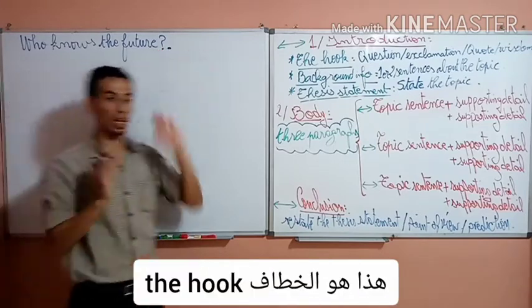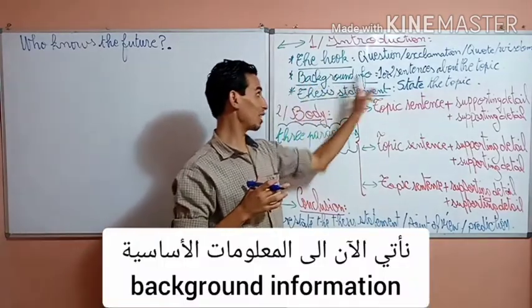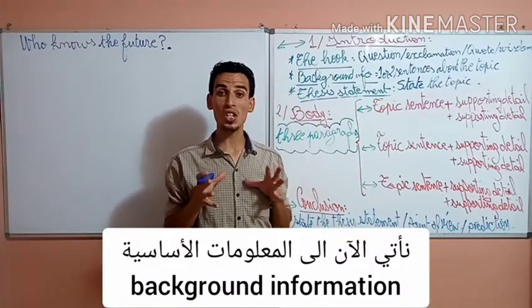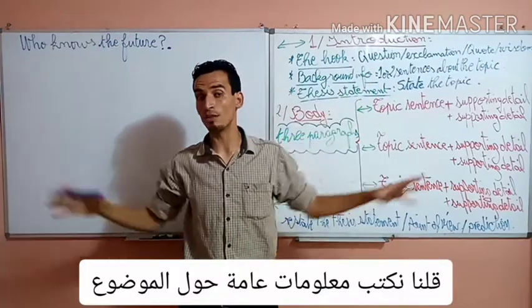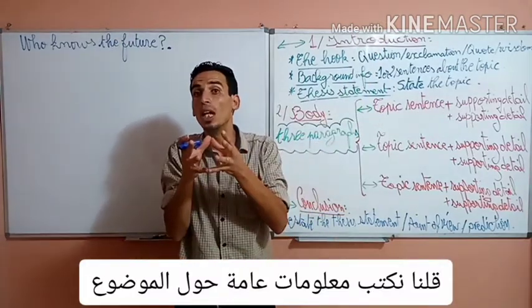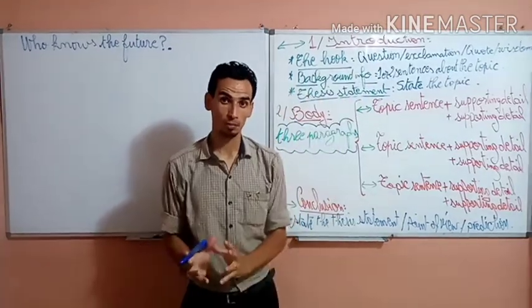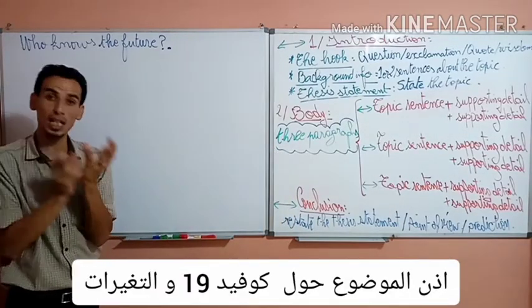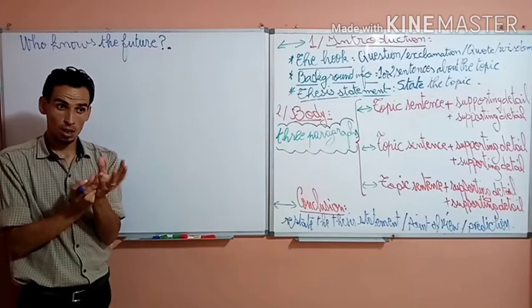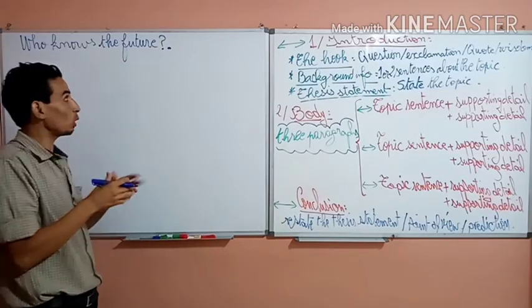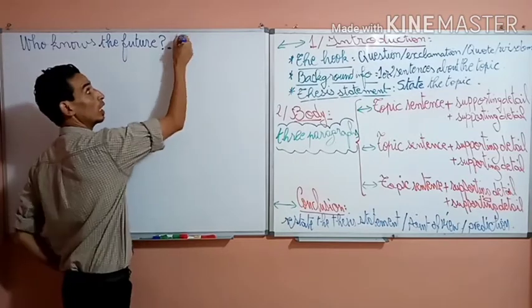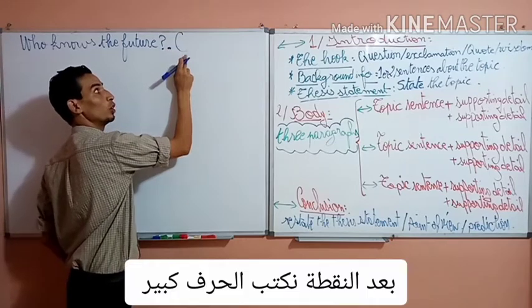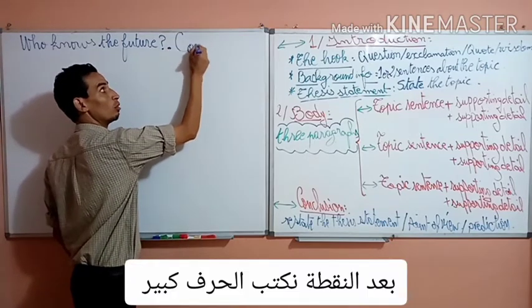This is the hook. We come now to the background information. We said we write general information about the topic. Good. So our topic is about COVID-19 and changes. So how do we write? After the full stop we write a capital letter.